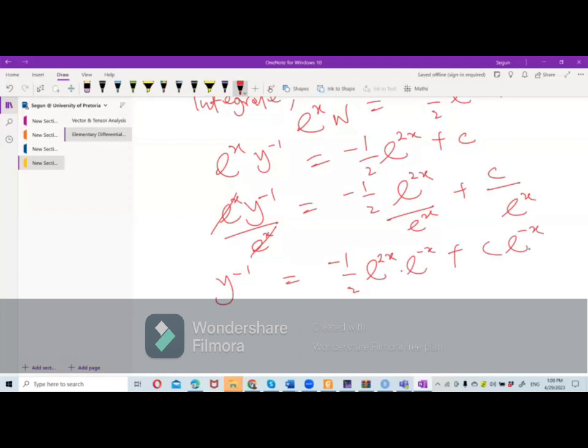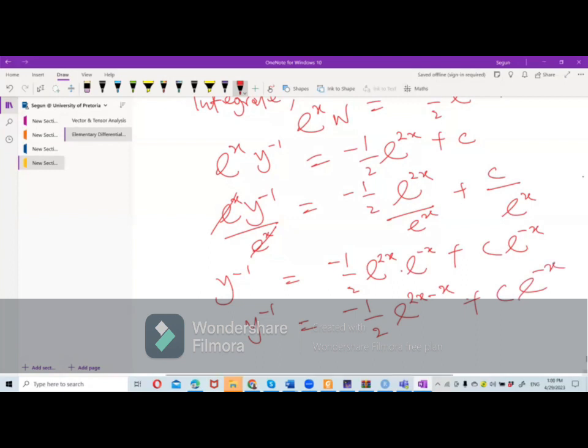Constant multiplied by anything is still constant. So we can resolve this one to be minus 1 over 2 exponential 2x minus x plus c exponential minus x.